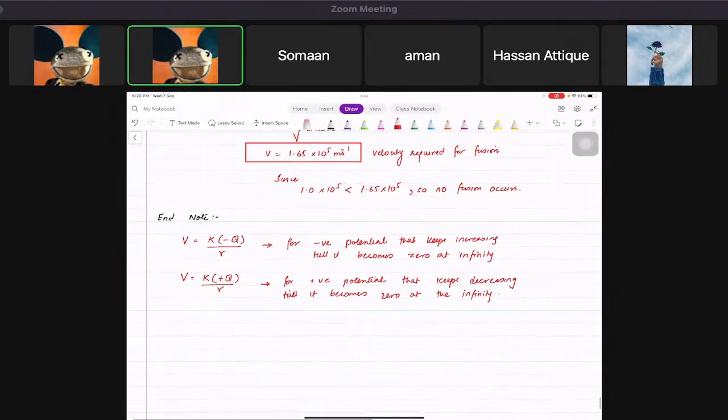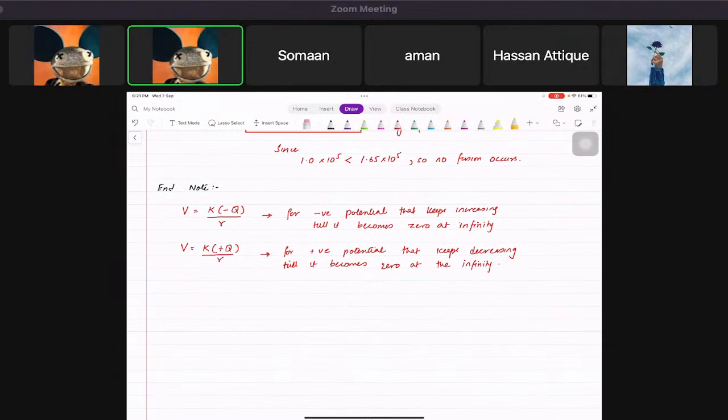So you guys need to remember, if I draw a drawing. So for a positive one, for a negative one, suppose this is the line of infinity, then this is the field.